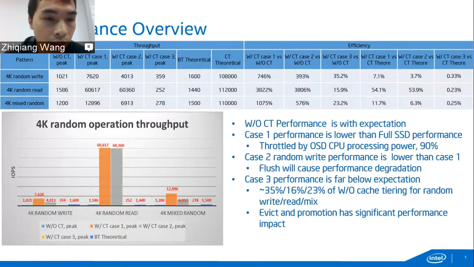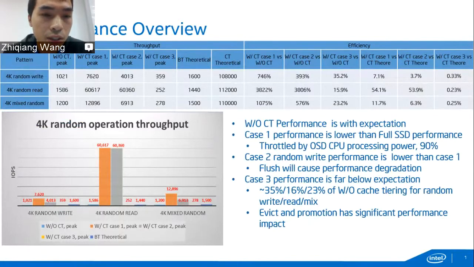The performance of all of these 4 cases is shown in the table in this chart. As you can see, without cache tiering, the write performance is about 1,000 IOPS. The read is about 1,500 IOPS. And for the random, it is 1,200 IOPS.